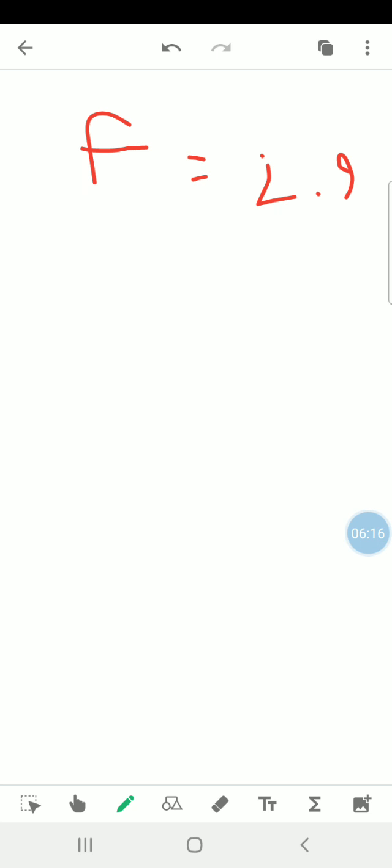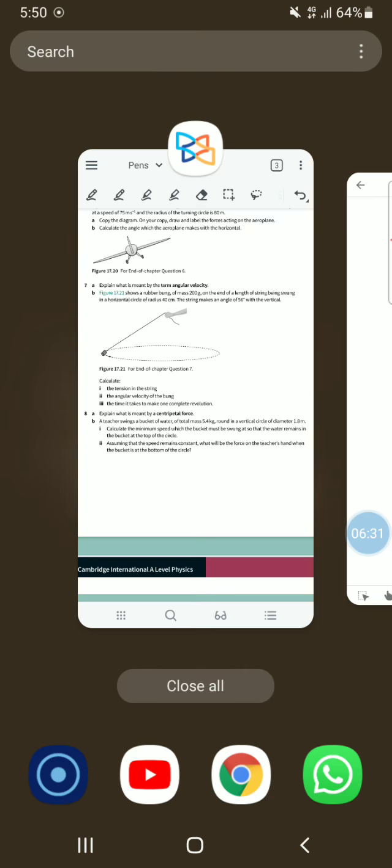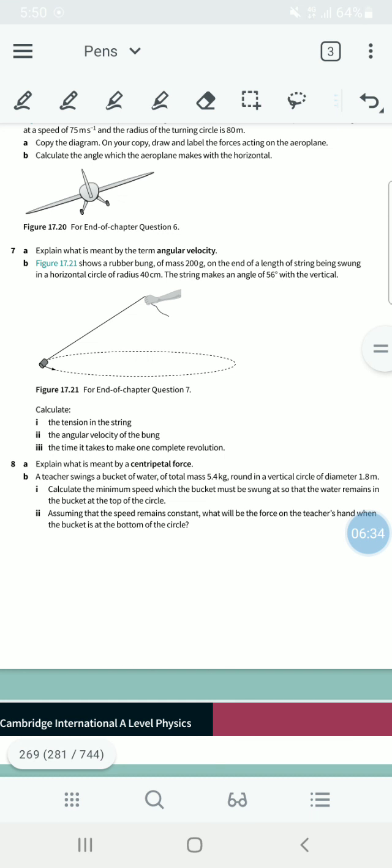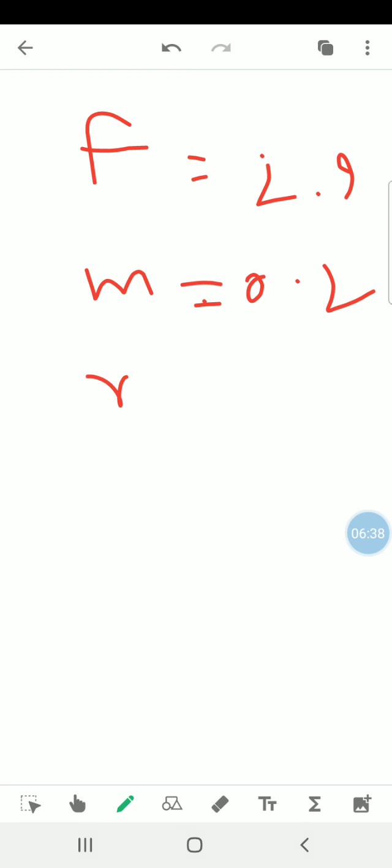Then we know the mass is 0.2. What else do we know? Then we know the radius. How much is the radius? It is in a circle of 40 centimeters. So that means it is 0.4. So what is the equation that contains all these along with omega?